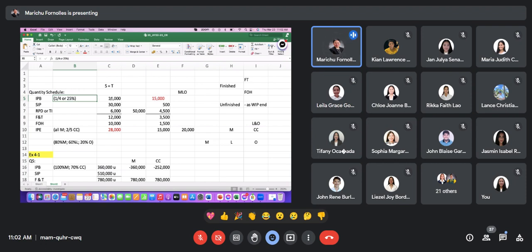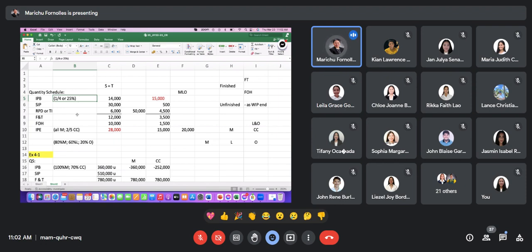So you can say that the 14,000 units that were started last month were 25% or one-fourth complete as to materials, one-fourth or 25% complete as to labor, one-fourth or 25% complete as to overhead. So parihara ang percentage of completion for each cost element.